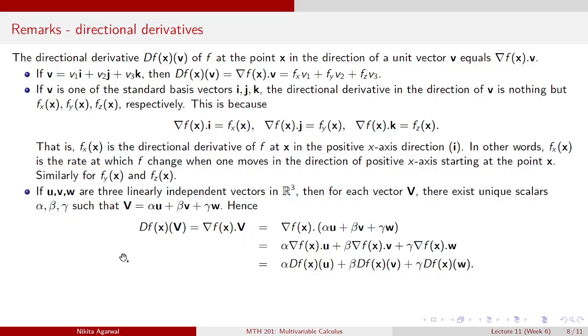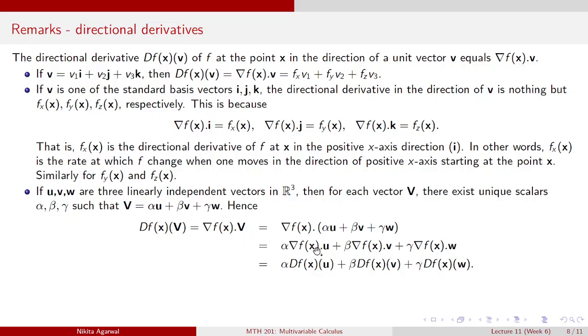Therefore, if I compute the directional derivative in the direction of capital V, by definition, it is gradient f dot V, but V is equal to alpha u plus beta v plus gamma w. Now you use distributivity of the dot product, and you bring the scalars out, you break it into three terms.